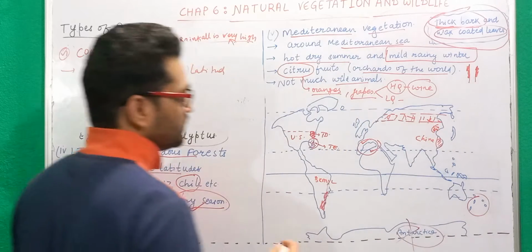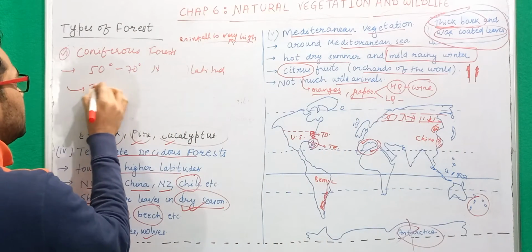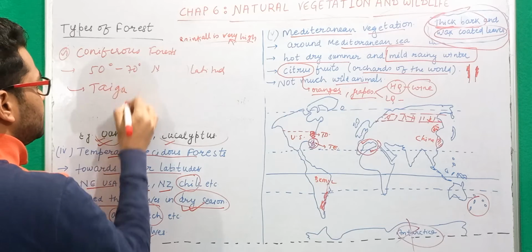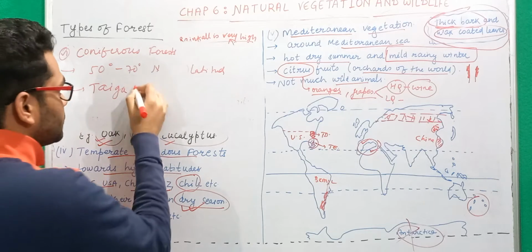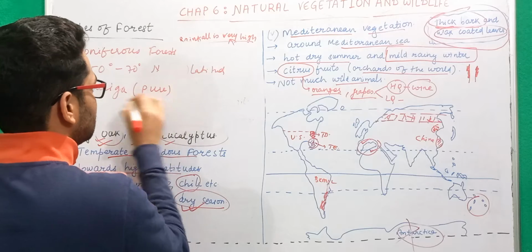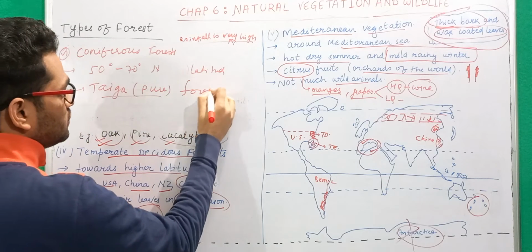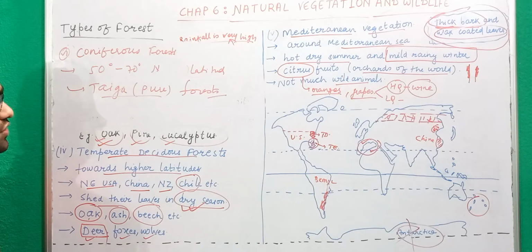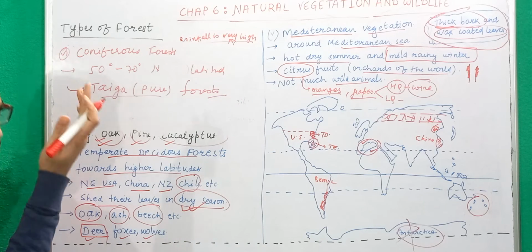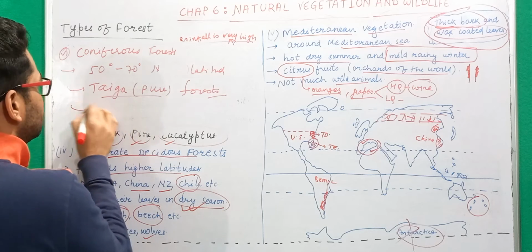So that is why this is also called taiga, and taiga means something pure, untouched. Taiga forests, right? We also call it taiga forests. What type of trees will you find here?